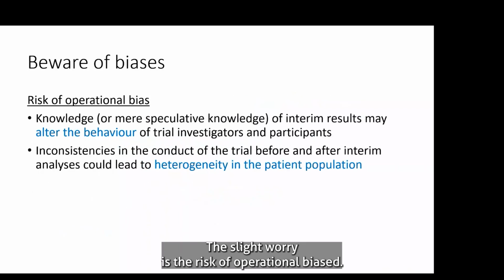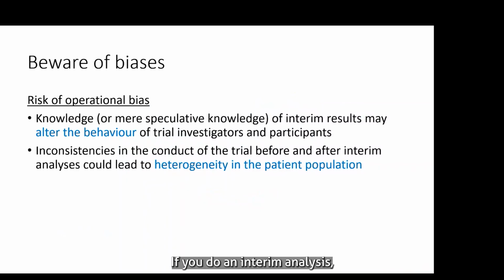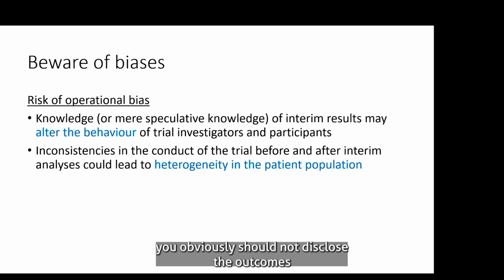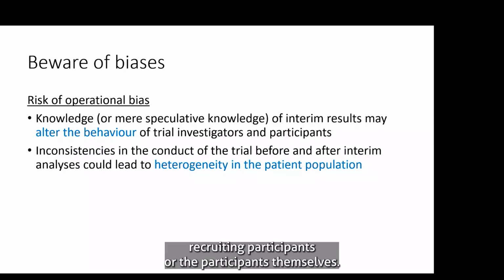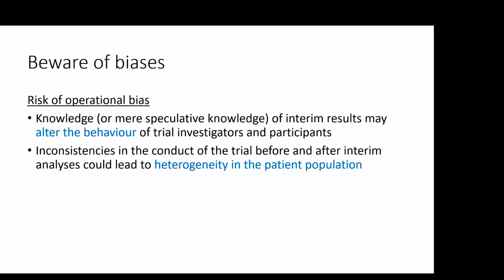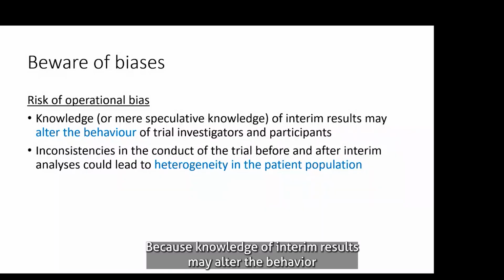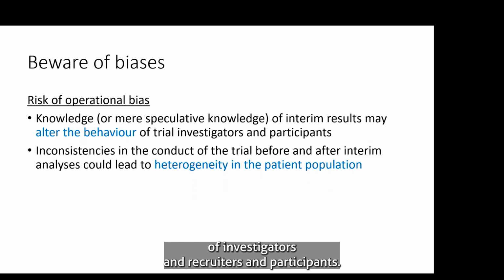The other slight worry is the risk of operational bias. If you do an interim analysis, you obviously should not disclose the outcomes of that interim analysis to people actively recruiting participants or the participants themselves, because knowledge of interim results may alter the behavior of investigators, recruiters and participants.